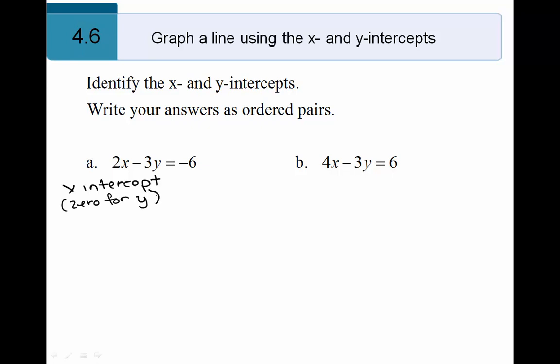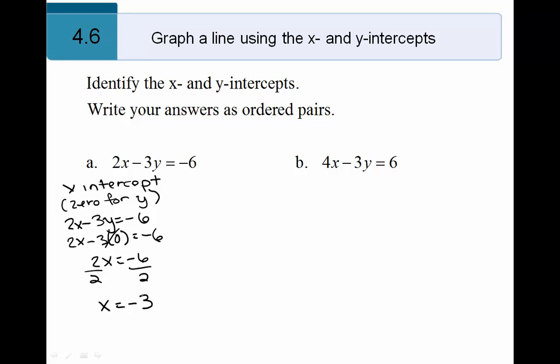I'm using the equation 2x minus 3y equals negative 6. So I'm going to have 2x minus 3 multiplied by 0 equals negative 6. 3 times 0 is 0 though, so we have 2x equals negative 6. Divide both sides by 2, and you see that x is equal to negative 3.